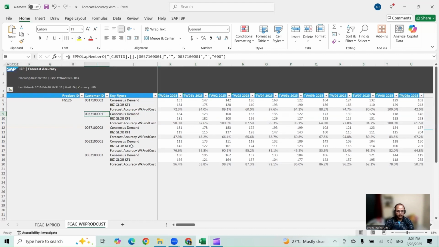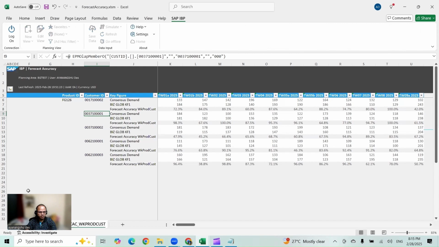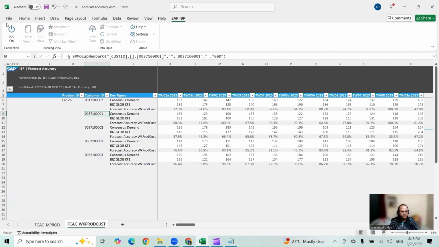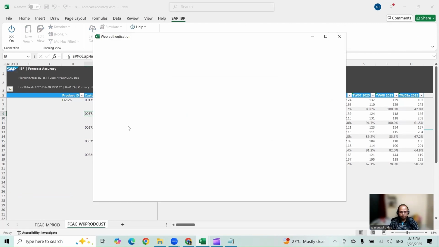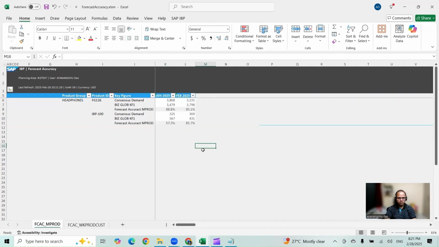Now we have to calculate it at a month product level. So disconnect. Connect again. So now we see that the accuracy is calculating for these product IDs at an individual product level. Let's verify the accuracies.